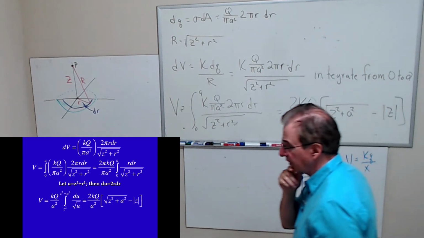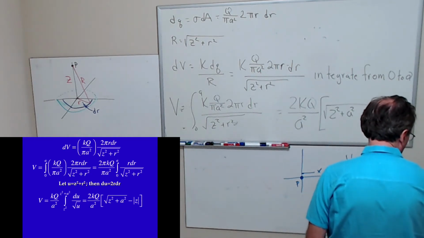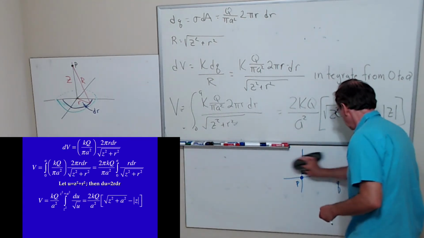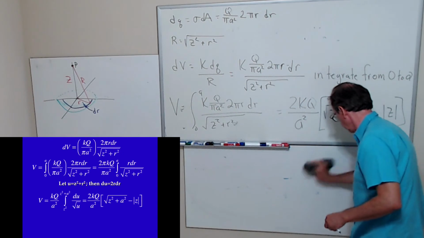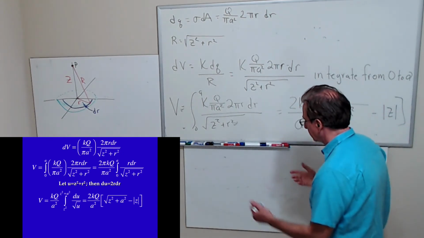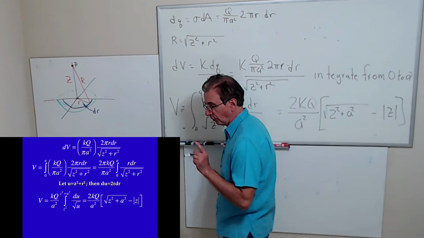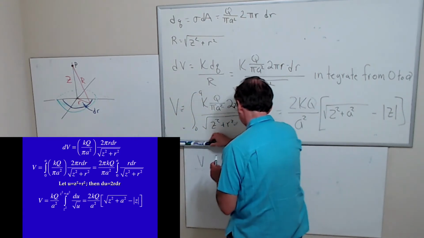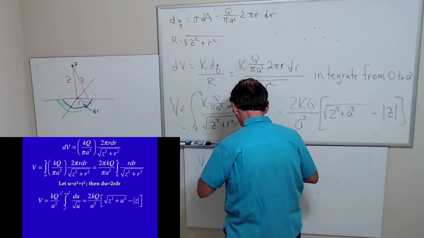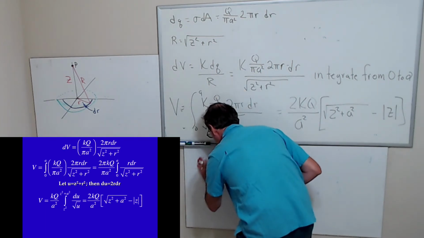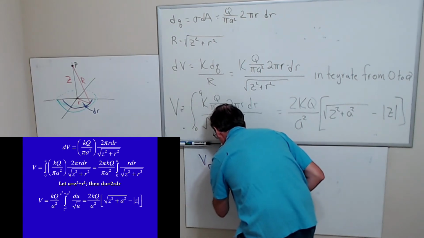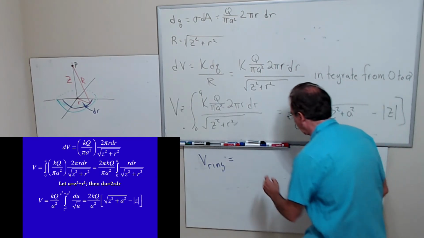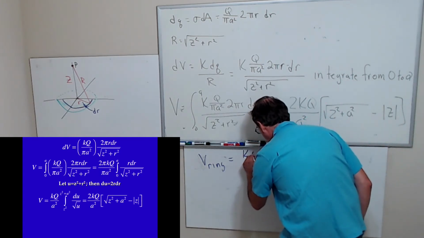Let me look at it real quick another way. Another way to look at it is this way. Suppose I have a ring, just the ring. Just focus on the ring. Isn't it true, if the ring is uniformly charged, I can write the potential due to a ring right away?